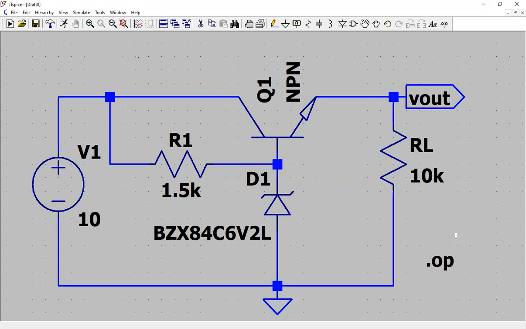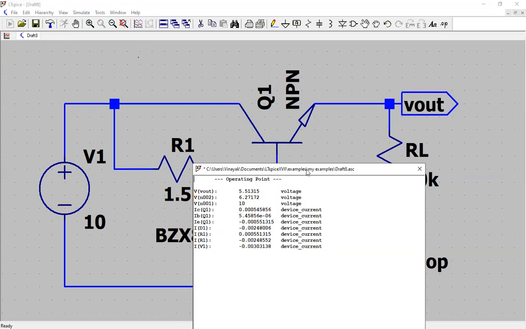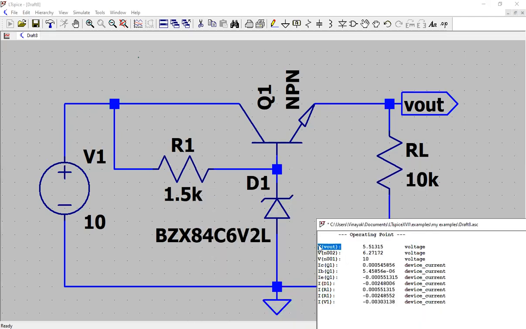What this simulation analysis will do after running is calculate the operating point. It means calculate all voltages and currents in the circuit. So let's run it. Go to simulation and run. And you see now these voltages have been computed. First is V of Vout, the voltage at the Vout node, which is 5.51, which we predicted correctly.